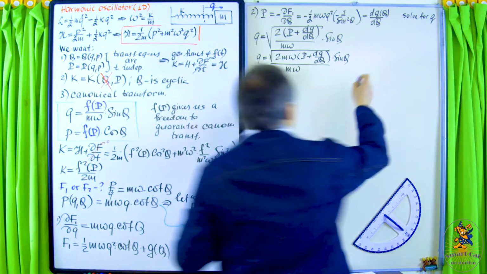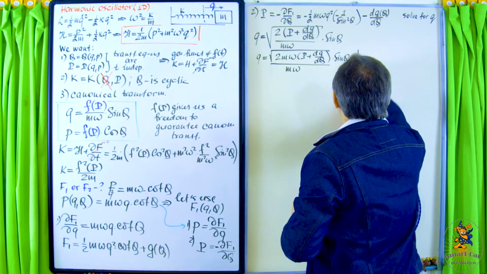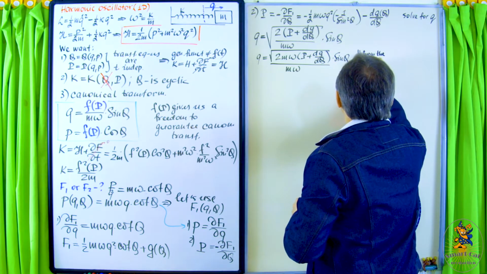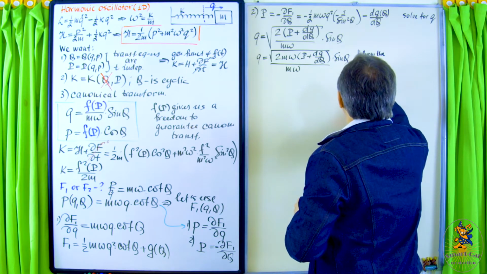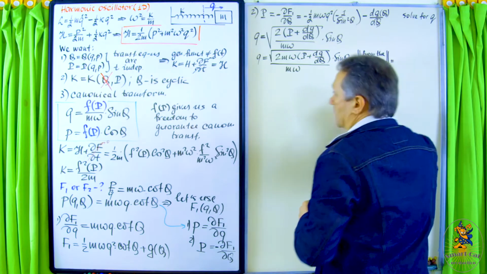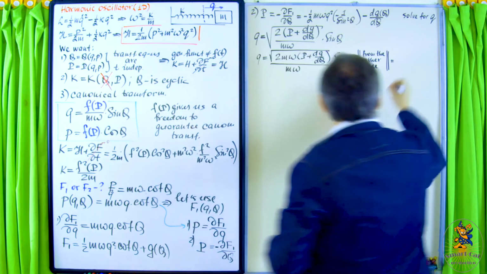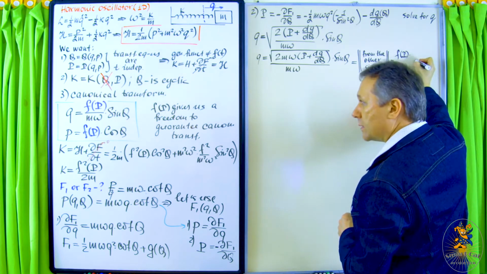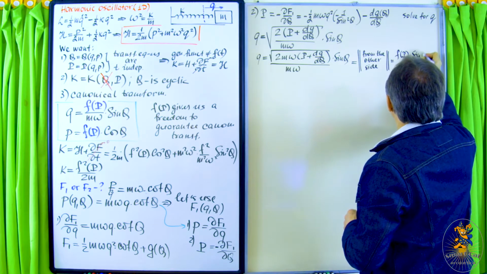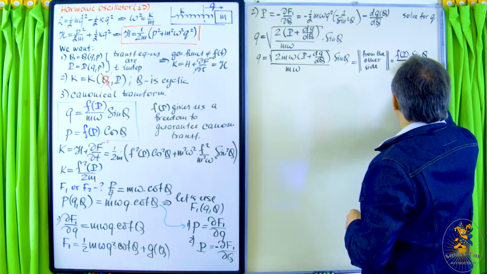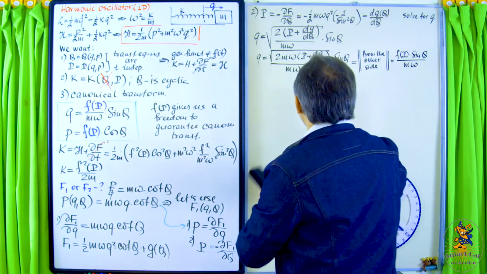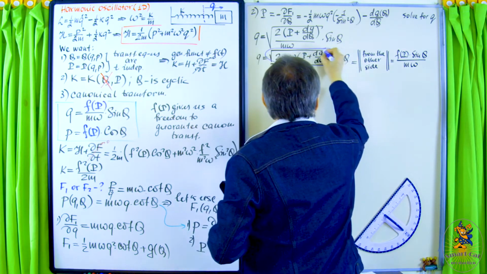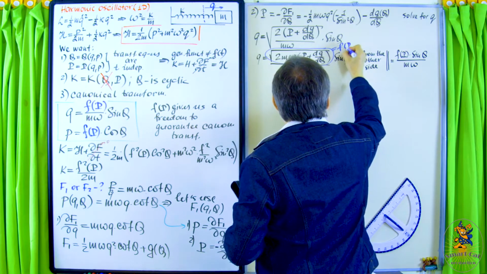So let me open my explanation box, and I can write from the other side that f as a function of p capital times sine q divided by m omega. So it looks like this should be our function f.